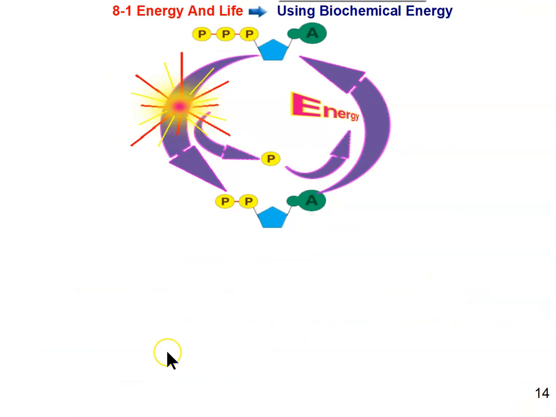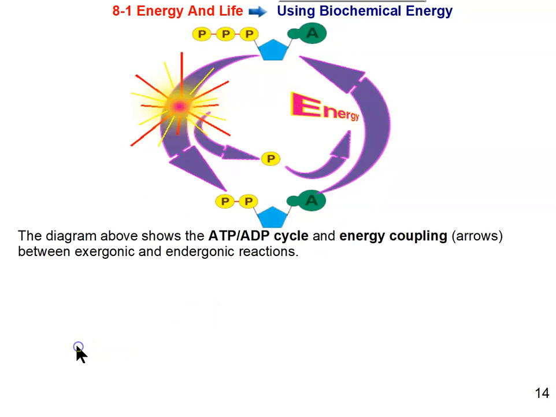So finally, what was alluded to previously, we can go from ADP to ATP and from ATP to ADP, and that suggests that there's an ATP-ADP cycle. So that's what we're looking at here. We also see that through this cycle, really the function of ATP is to couple, as we say, exergonic reactions to endergonic reactions, and that's referred to as energy coupling.